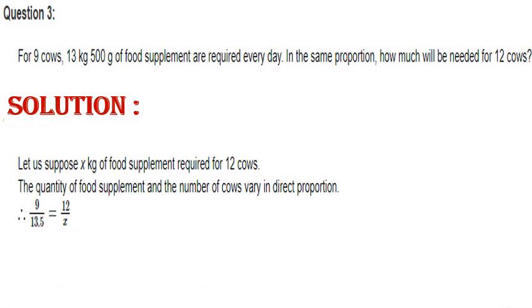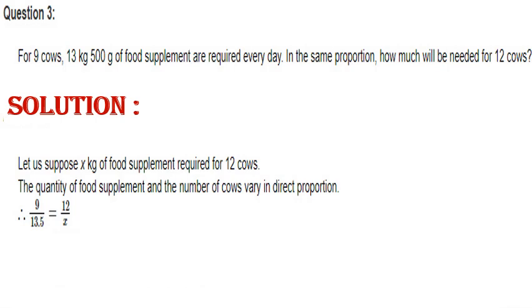So here we have 9 cows need 13.5 kg of food supplement. So the number of cows we have taken in the numerator and the amount of food supplement in kg and gram we have taken in the denominator. So accordingly on the RHS also, 12 cows will go up and the amount of food supplement which we have presumed to be x will come in the denominator.